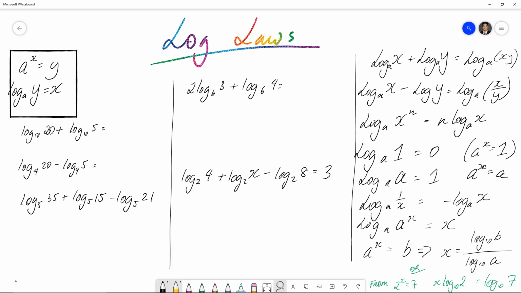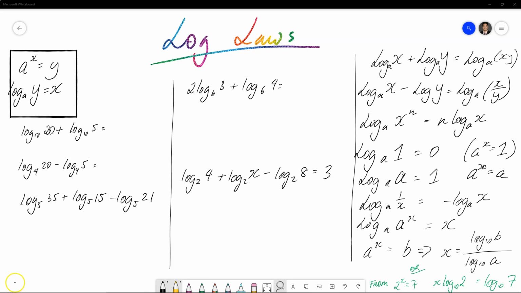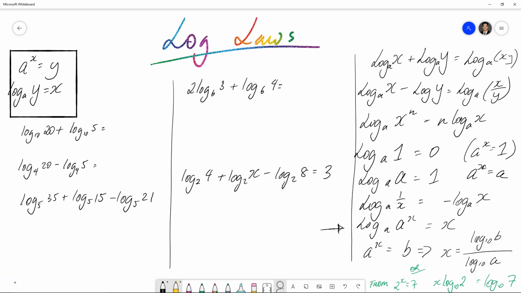And then next one, if we're looking at this log law, I would say it is a combination of this one here and this one here. No, actually, sorry. It's just a combination of this one.